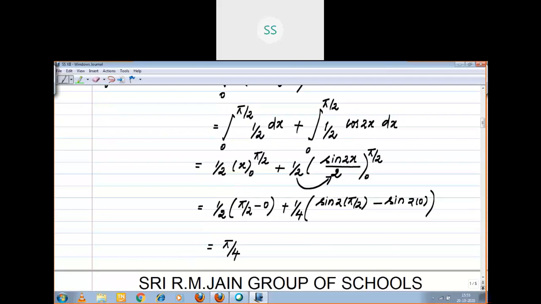Then it becomes pi by 4 plus, 2 cancels, sin 180 is 0, sin 0 is also 0. So 1 by 4 into 0, the result is pi by 4. Got it, children? Shall I move to the next question? Yeah.